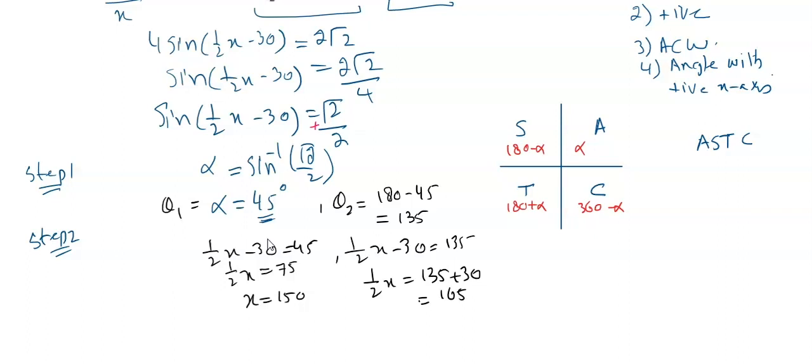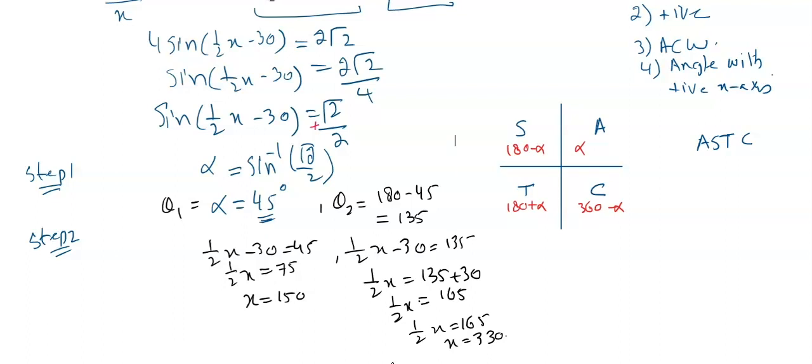It will become 165, half of x, and multiply this one by 2, and we get 330. So we got these two values. One is x equals 150 and the other one is x equals 330.